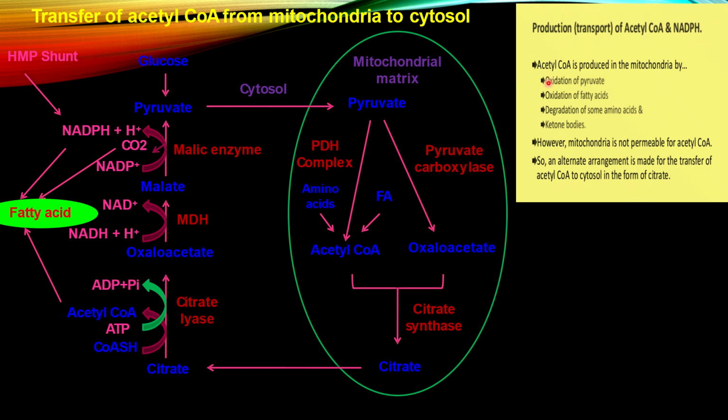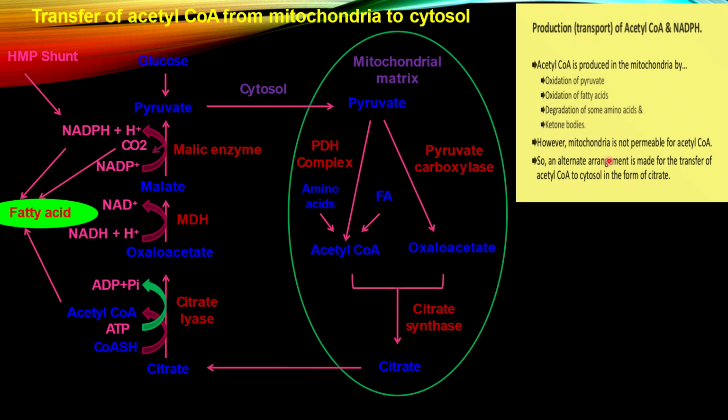So, a brief, more clear summary of it. Acetyl coenzyme A is produced in the mitochondria by oxidation of pyruvate, already discussed, oxidation of fatty acids via beta oxidation, degradation of some amino acids, and from ketolysis or ketone bodies degradation.